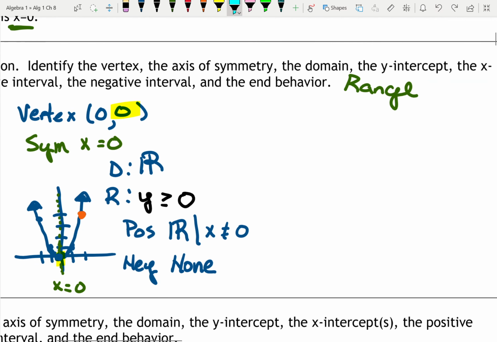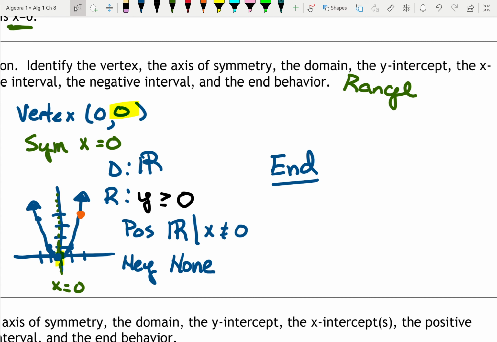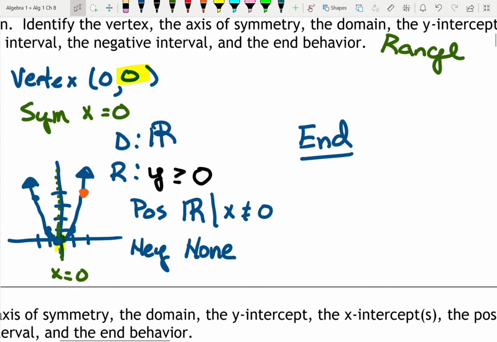What else do we need? End behavior. Now, there's a couple different ways that we can talk about end behavior. Sometimes we have the more common terms of rises and falls. For end behavior, we want to look at the ends, right? So the arrows. My arrows are both pointing up.